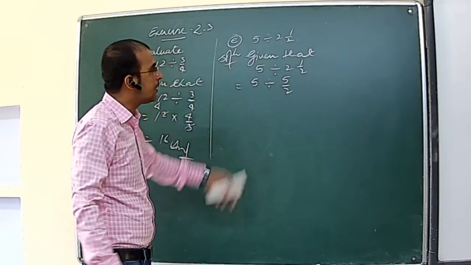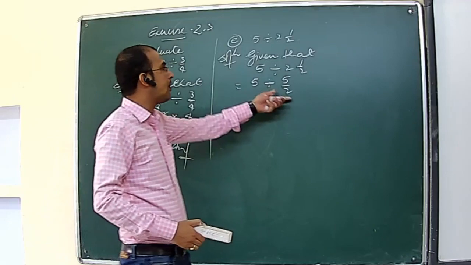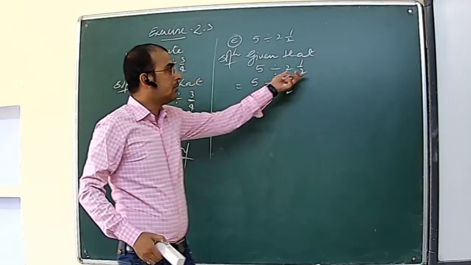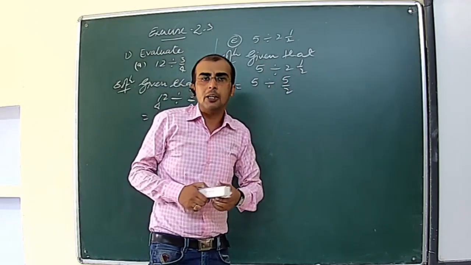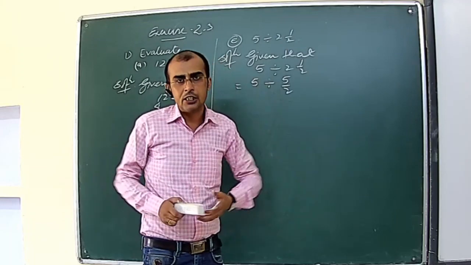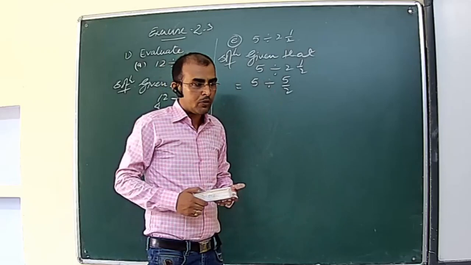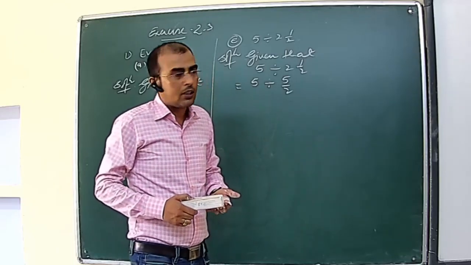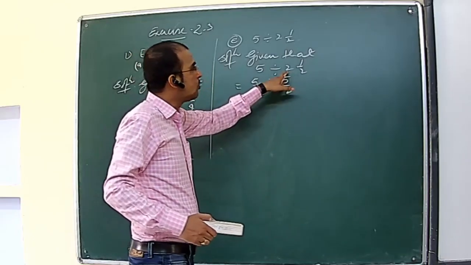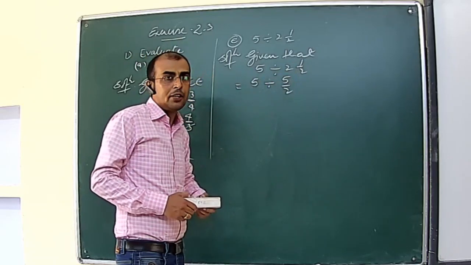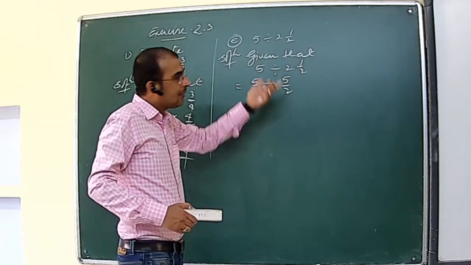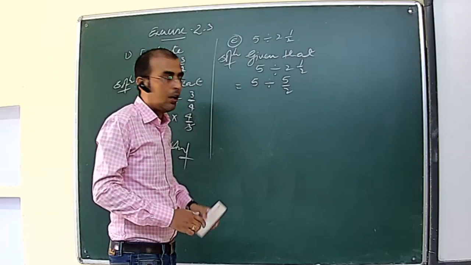For the reciprocal of a mixed fraction, first of all we will change it into an improper fraction, then we will write its reciprocal form. Is it clear? So 2 whole 1 by 2 is written as an improper fraction, and then we write its reciprocal.